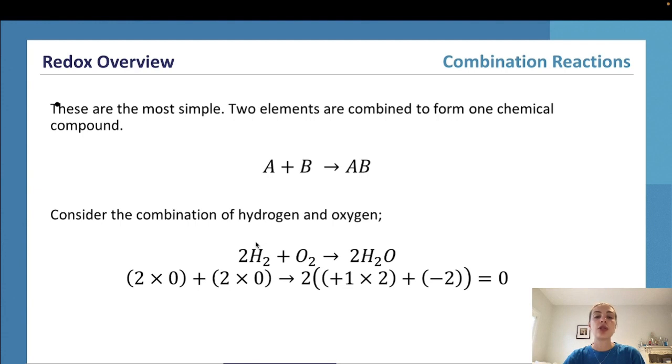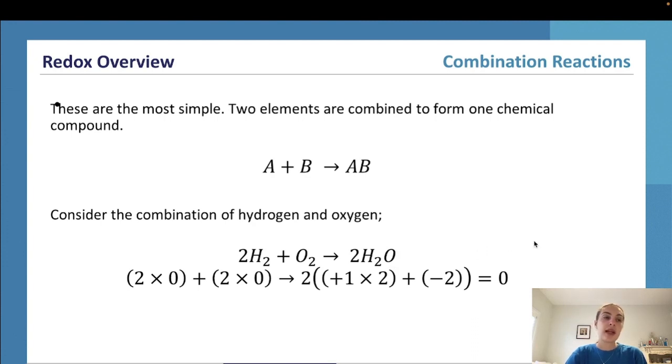So when the hydrogen loses those 4 electrons, because we've got 2 times 2 is going to give us 4, it's going to lose 4 electrons and give those 4 to the 2 oxygen atoms, resulting in the hydrogen being oxidized and the oxygen being reduced.